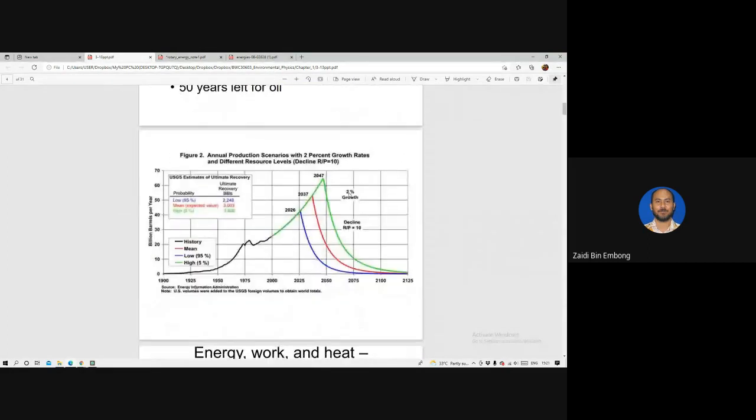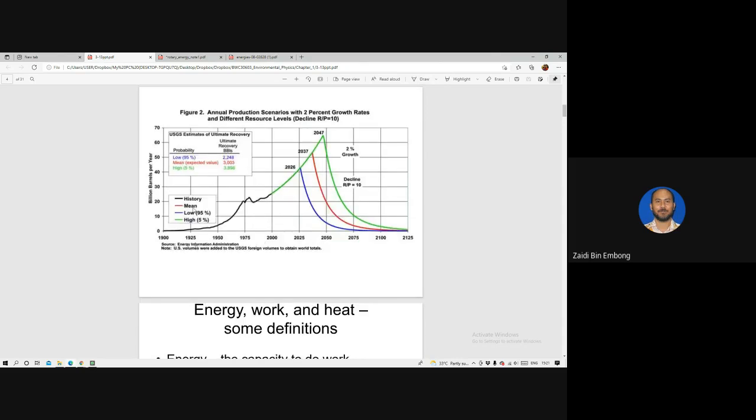Okay, now as I said just now, this is the graph on the use of energy in the US, but I reckon that in Malaysia it is quite the same too.